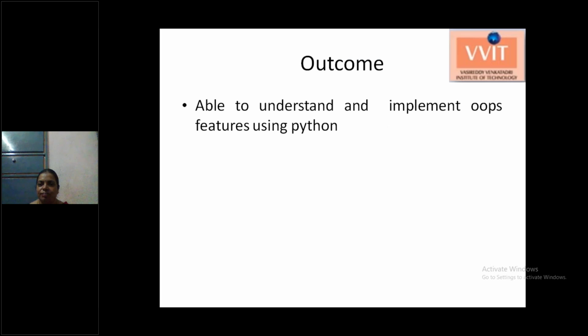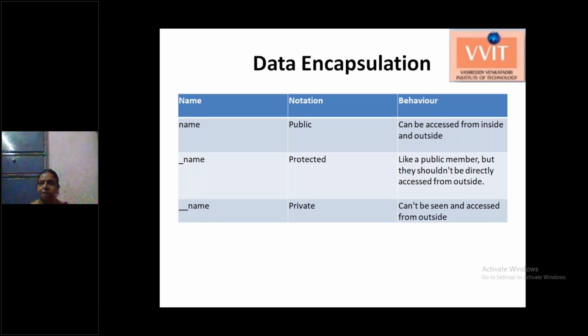The outcome of today's class topic is that the student is able to understand and implement the OOPS features using Python. The first feature of OOPS is data encapsulation, which is used to hide the data. This feature is also called data hiding.